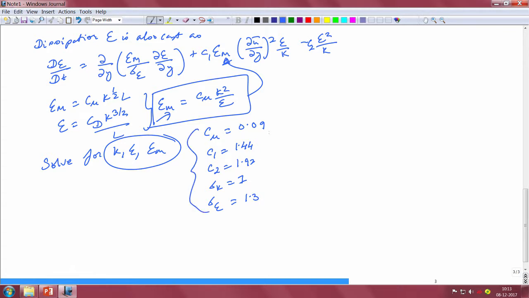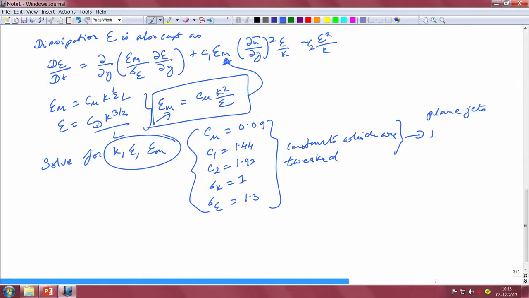These are all constants which are tweaked. So, they do actually a good job if you deal with plane jets, or with plane shear layer. So, basically what people do is that they hand tune these constants.